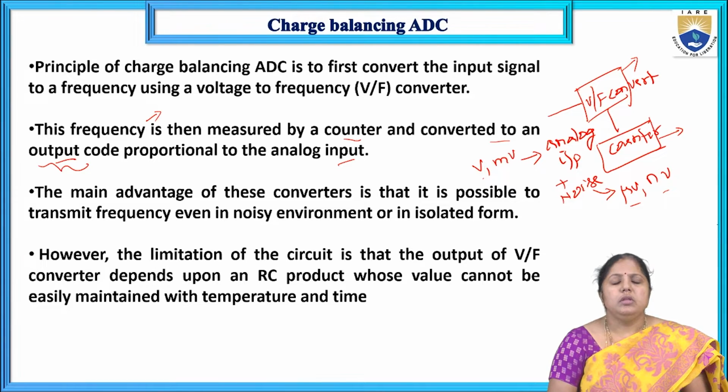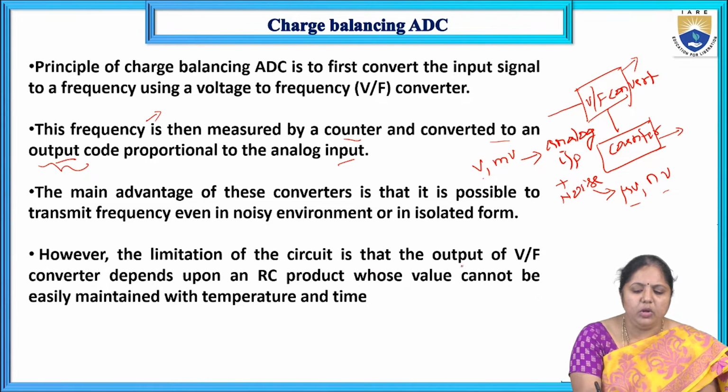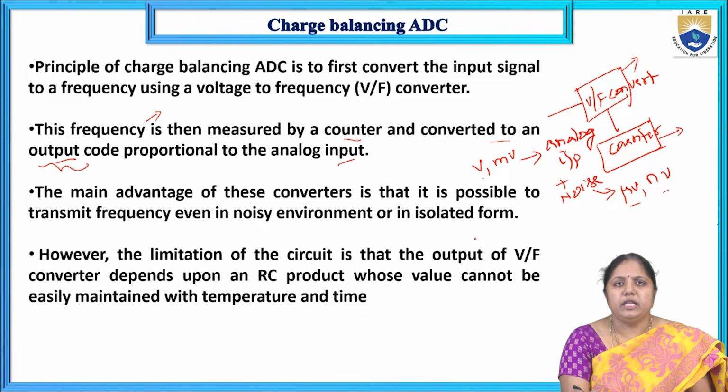Whatever resistance and capacitance components are there, they will deteriorate with time, and both the resistance and capacitance values depend on temperature. So obviously, if the room temperature increases, or if you use the components for a long duration, the voltage to frequency converter cannot work properly, and at that time I will get a wrong output.